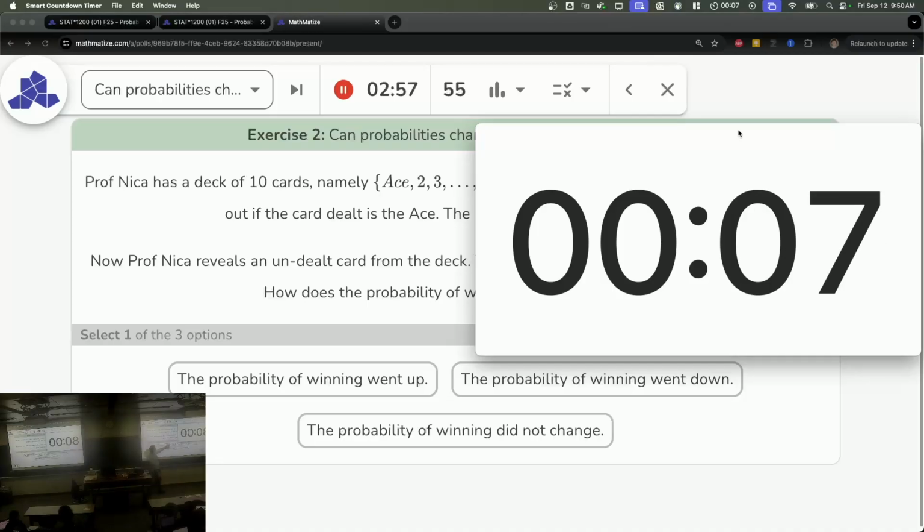OK, 10 seconds left. Make sure you get your guess in, what you think happened, and then we're going to discuss it and see how the probability changed.